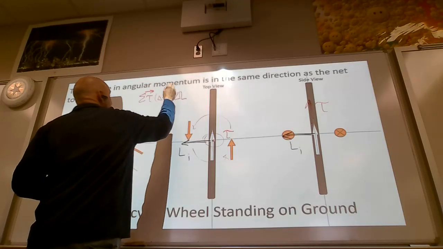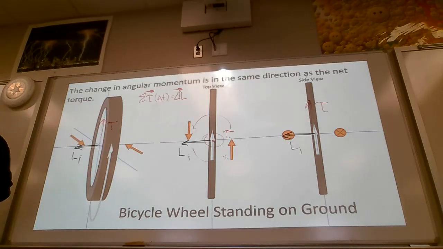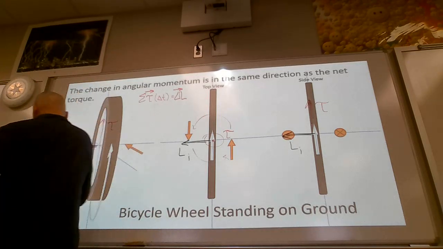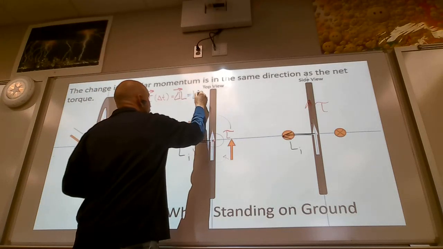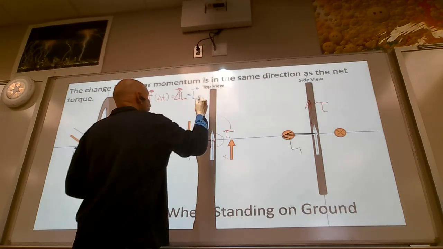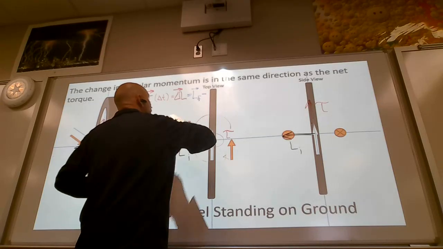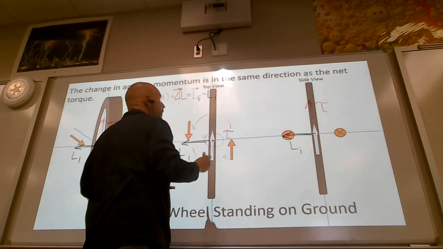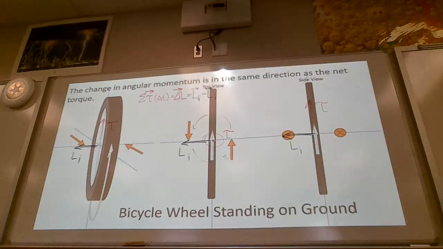Whatever the direction of the torque is, that's the same direction as the change in angular momentum, which is going to be equal to final angular momentum minus initial angular momentum. Okay with that?